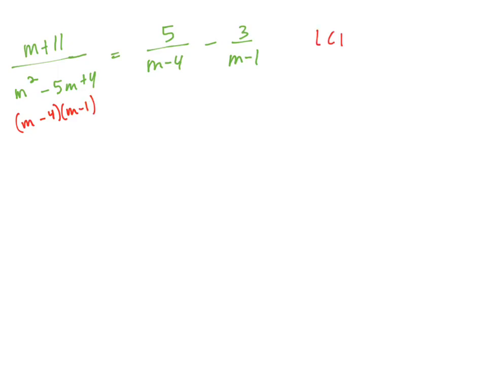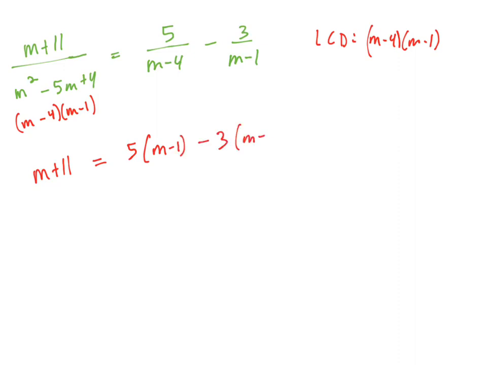So that's convenient, the least common denominator is going to be m minus 4, m minus 1. On the left-hand side, I'm going to multiply by the least common denominator, and the denominator will cancel, so I'm just left with m plus 11. On the right-hand side, the m minus 4's will cancel, I'm left with 5 times m minus 1, and then 3 times m minus 4 here.